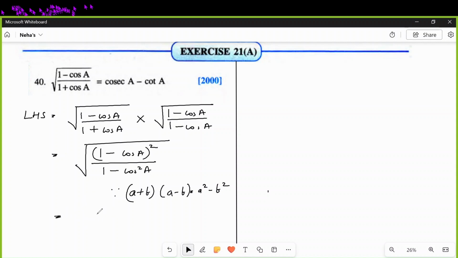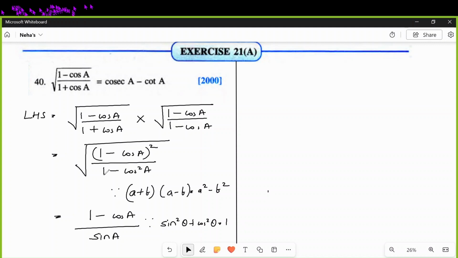Now square root of (1 minus cos A) whole square is 1 minus cos A, and 1 minus cos square A can be written as sine square A, and square root of sine square A is equal to sine A. Now this is by the identity that sine square theta plus cos square theta is equal to 1.